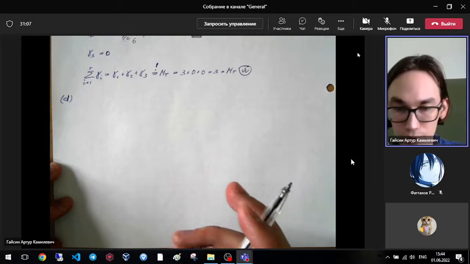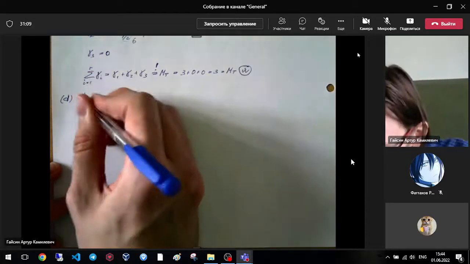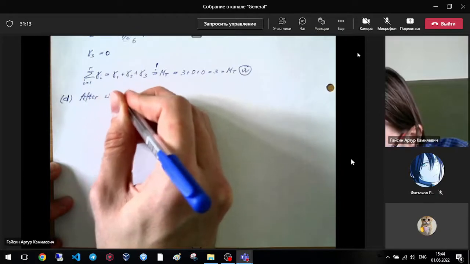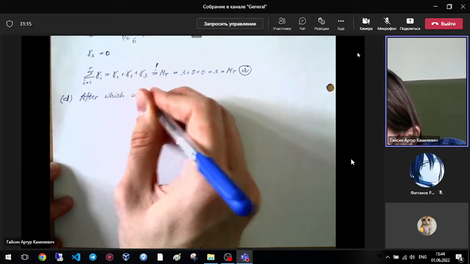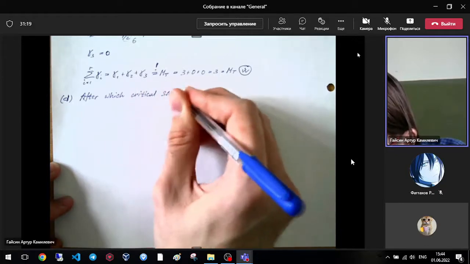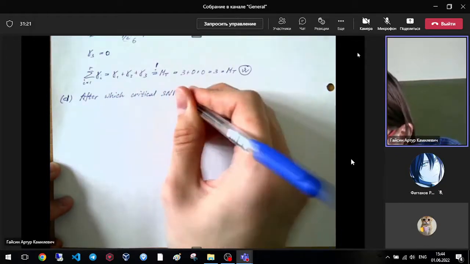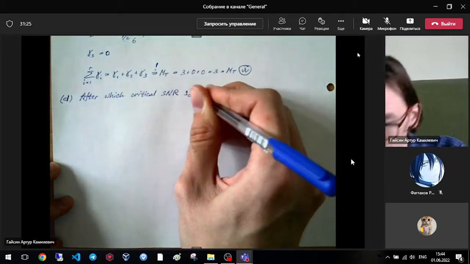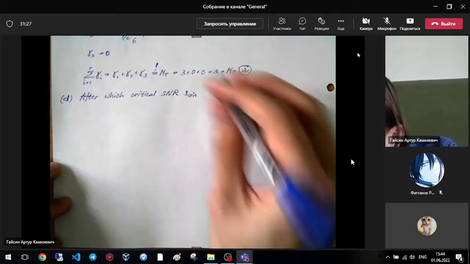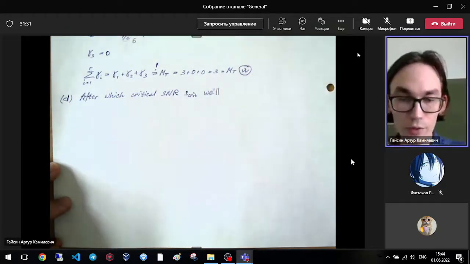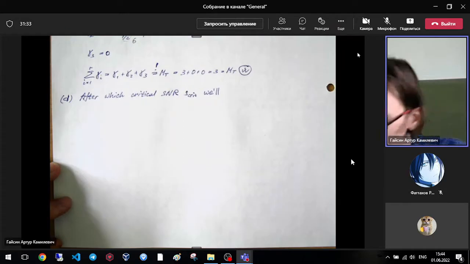after which critical signal to noise ratio, or we can say rho crit, rho critical, we will turn on second and third streams.